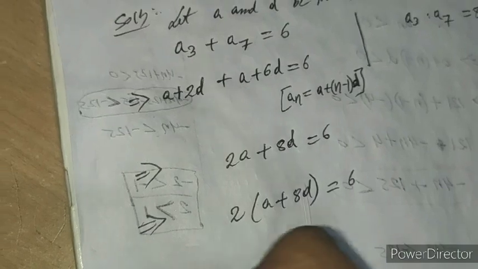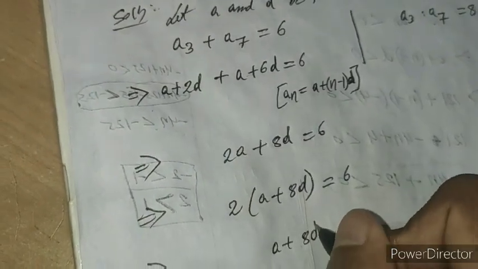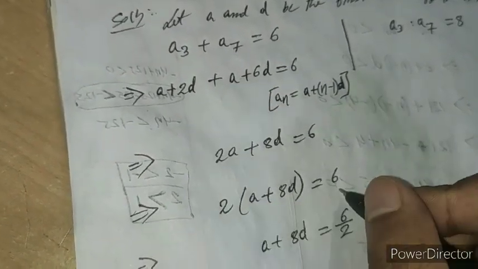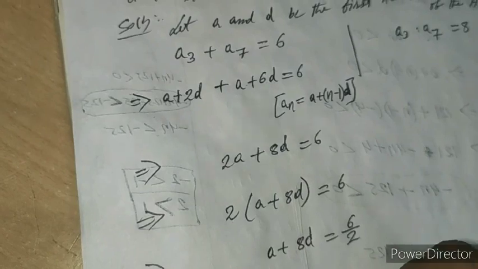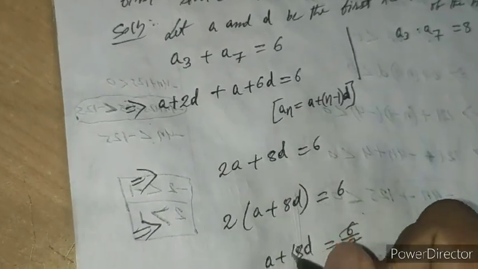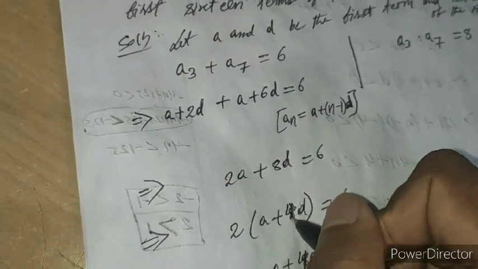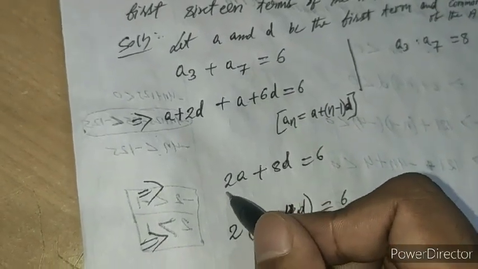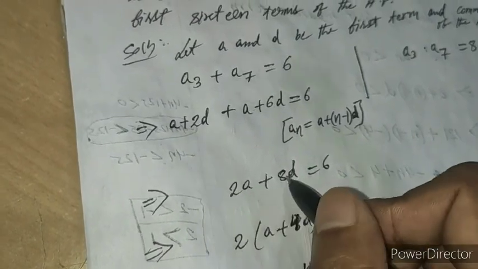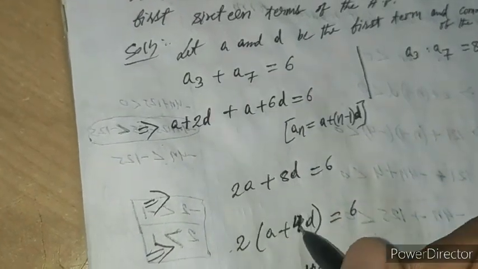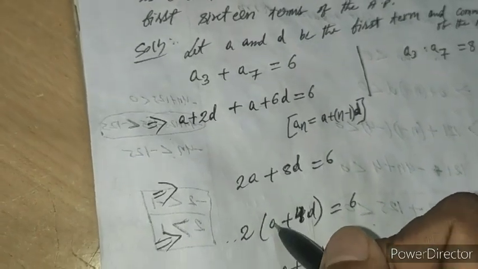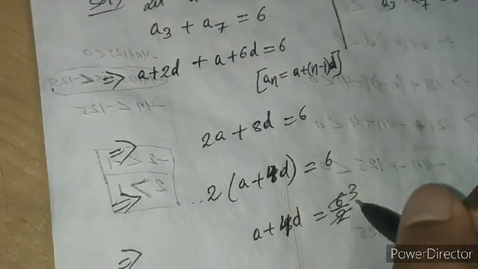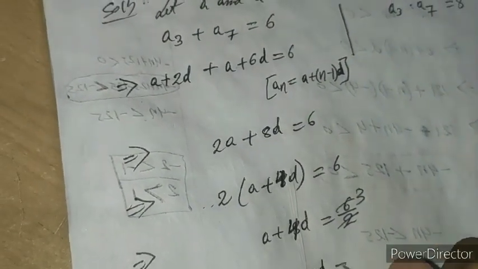Now divide both sides by 2, 6 divided by 2 is 3. That implies a plus 4d is equal to 3.